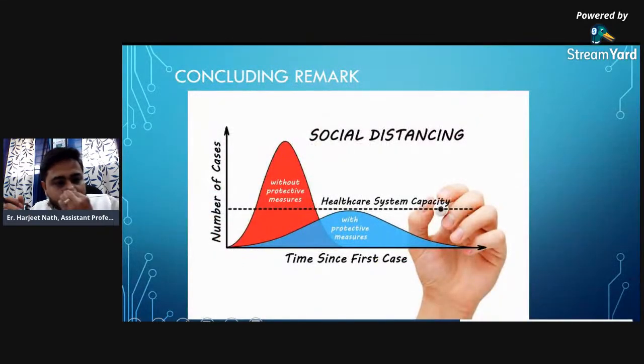Now, coming to the concluding remark of today's talk, why these hand sanitizing systems are still very important, because we all know that this pandemic is still not over for all of us, and we still have to maintain social distancing and clean our hands from time to time. And as we know, these microorganisms, now it is COVID, but apart from COVID, we have a lot of other microorganisms which can harm us in our day-to-day activity.